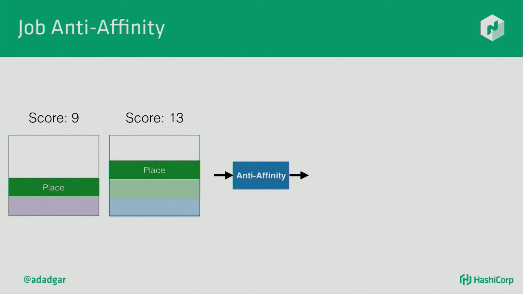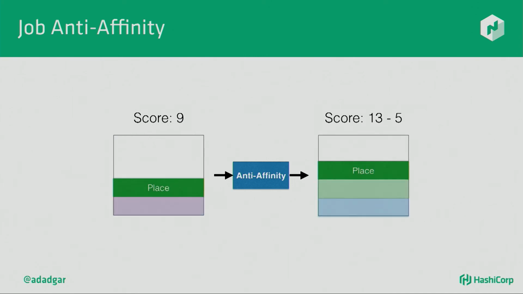But what the job anti-affinity iterator will do is when it passes through, it'll detect that this job is actually running two of the same job, those two green nodes. So it'll apply a negative score because it realizes, hey, this is a service job. If this node goes down, your service might be negatively impacted.